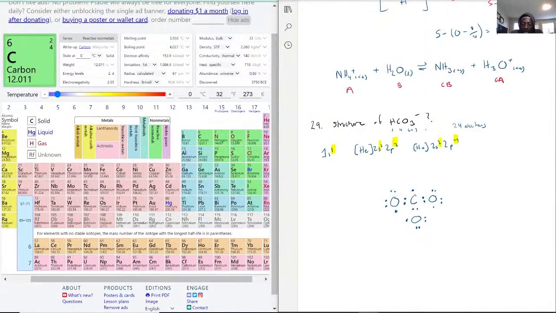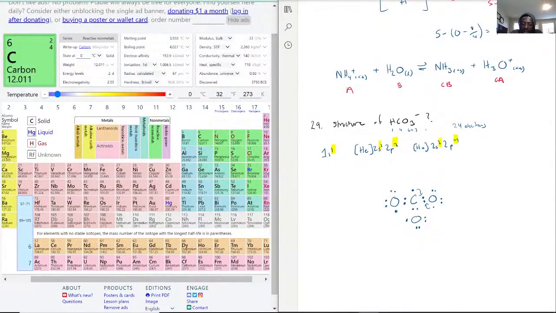To make it make sense, we want to form at least 1 double bond, because that's all carbon can handle. So we're going to form a double bond here, C double bond O. And this really gets tricky, right?